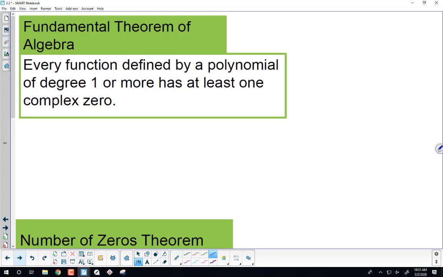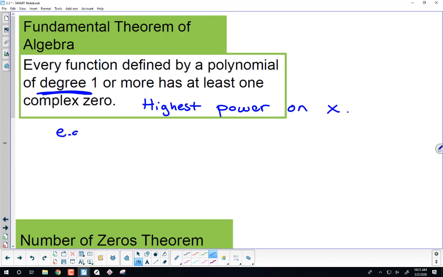Every function defined as a polynomial of degree 1 or more has at least one complex zero. And what we mean by degree, this term degree is just the highest or largest power on x.